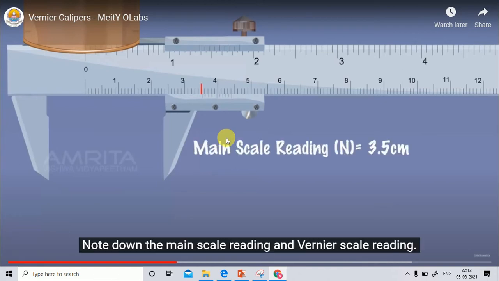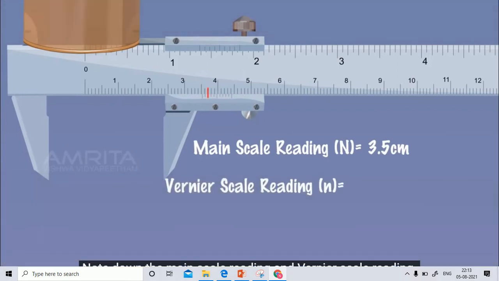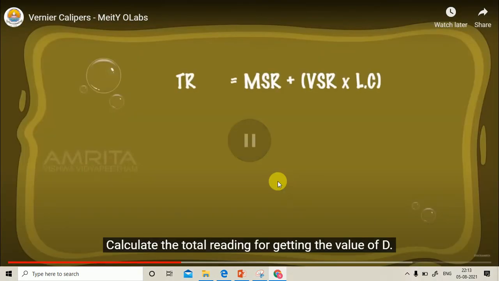So the main scale reading is 3.5 as I told. Now moving on to the vernier coincidence, which is the second division. Now we are going to see the calculation part. So we are going to find the total reading.